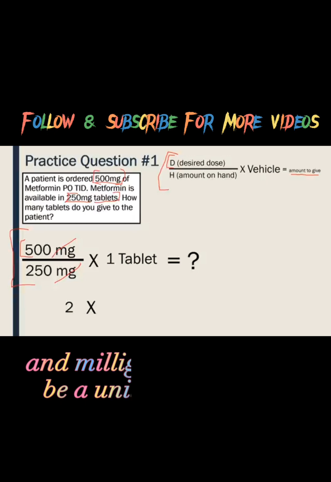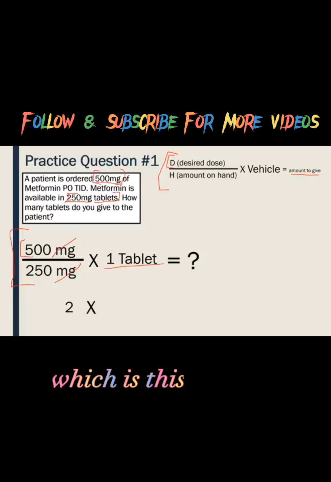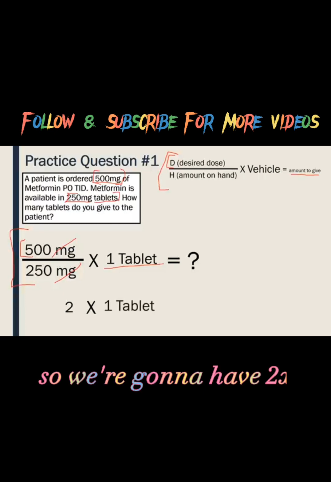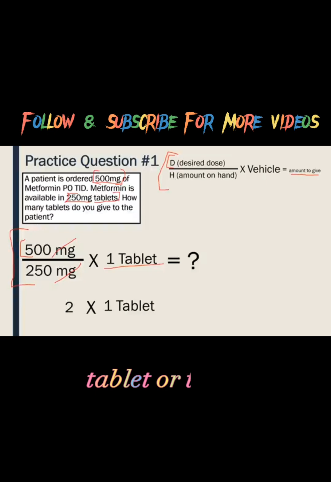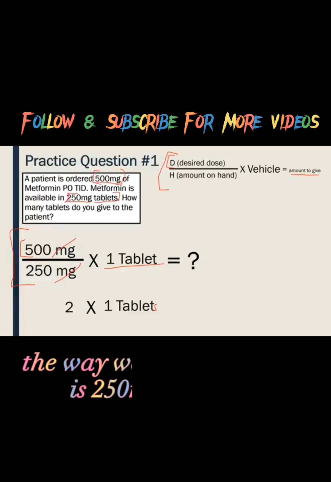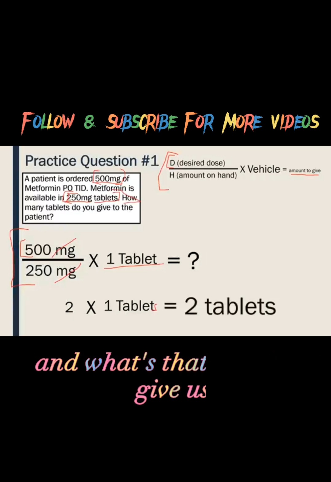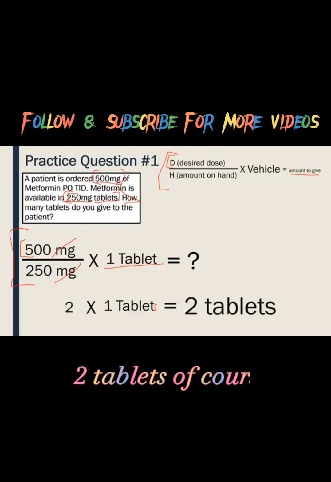It's going to be a unit of your vehicle, which is tablets. So we're going to have 2 multiplied by 1 tablet, because the way we're calculating it is 250 milligrams per tablet. And what's that going to give us? 2 tablets. Of course, that makes sense.